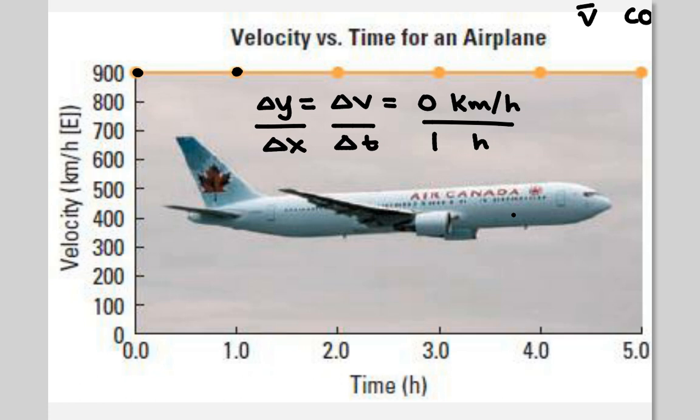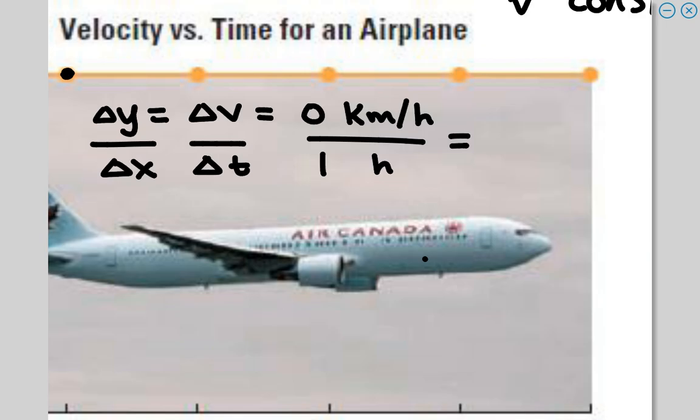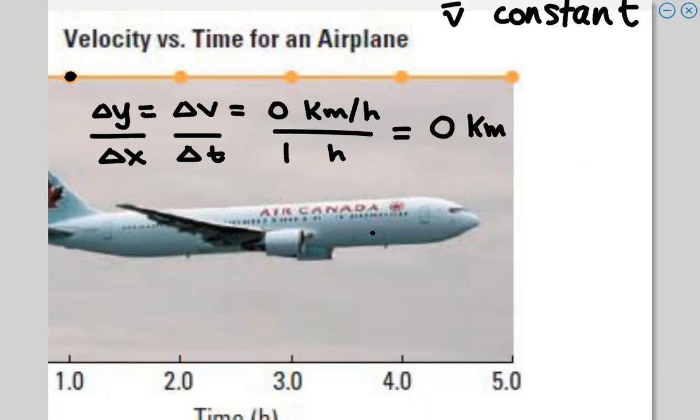All right, let's take a look at this result. What is 0 divided by 1? 0. More importantly, let's take a look at that unit. You have kilometers per hour in the top, and you have that per hour. So you have kilometers per hour squared.